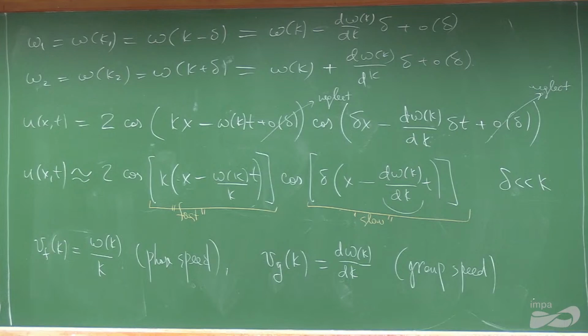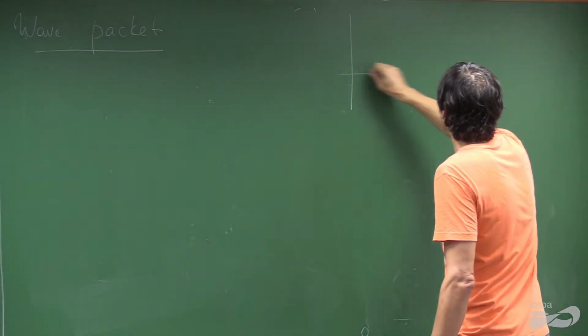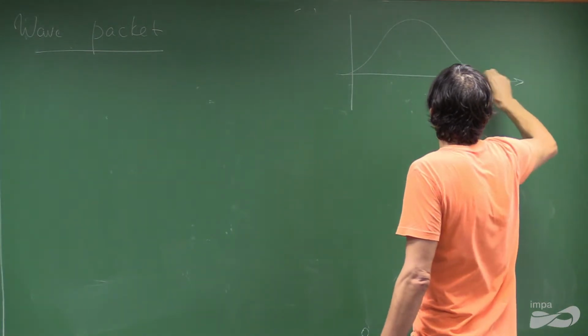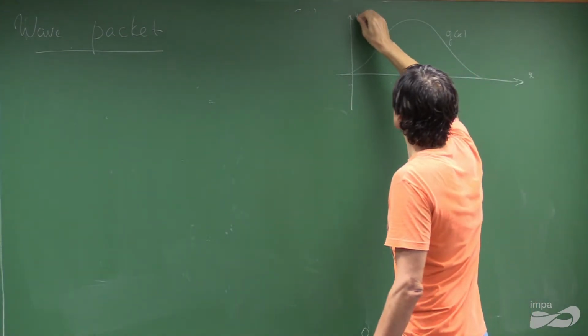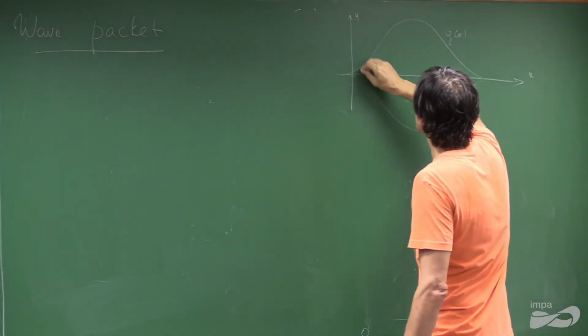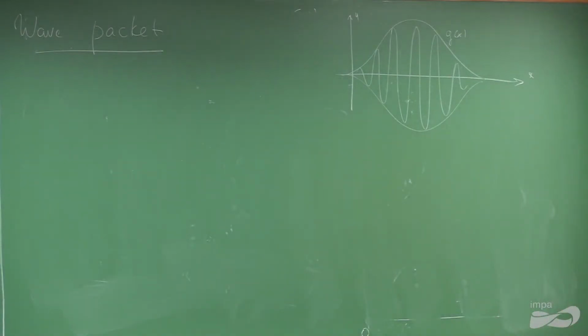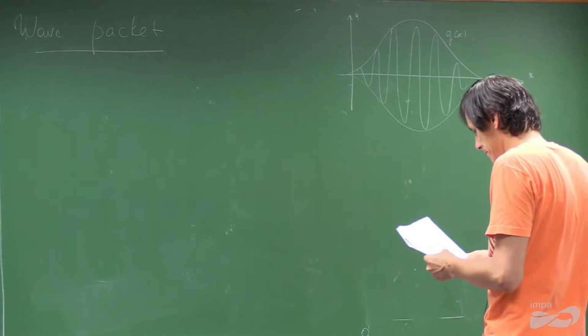Let's consider a wave packet. Graphically, a wave packet is a solution which is modulated by a certain function. Inside this function, we have something which looks like a cosine multiplied by the envelope.